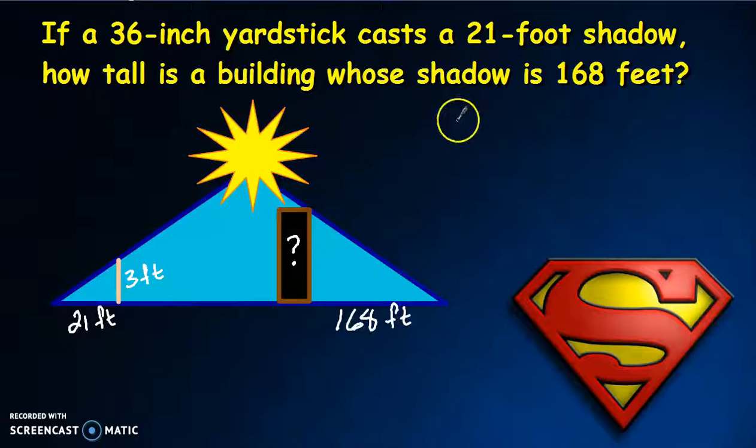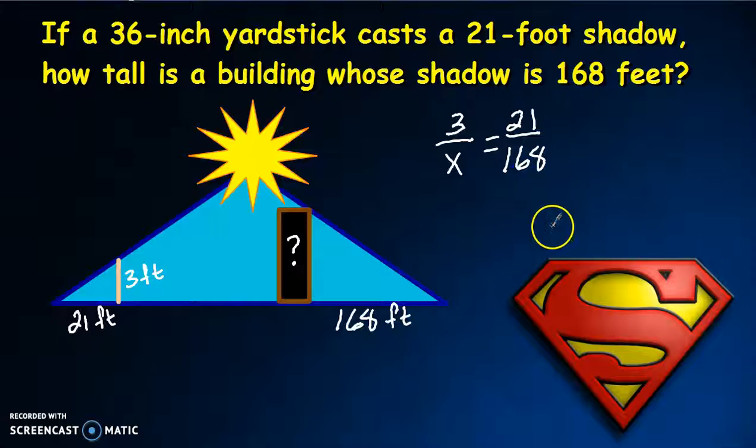So if I say that the height of the stick is paired up with the height of the building, and the length of the stick shadow would pair up with the length of the building shadow, I have my proportion.